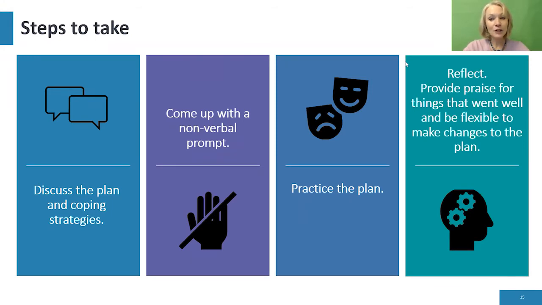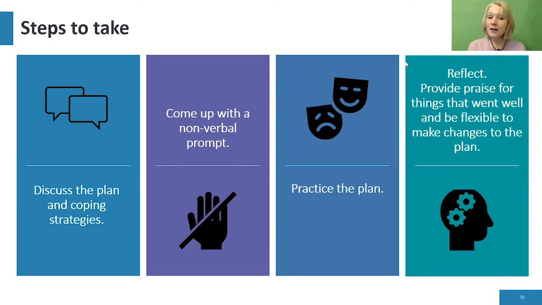And then after you have had an emotional response, either yourself or your child or your students, make certain you take time to reflect. What went well? Okay, we put the plan in action. What worked really well for us?